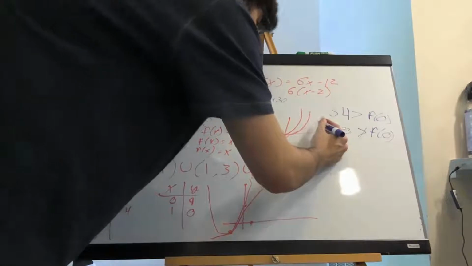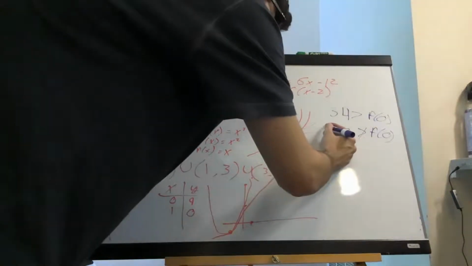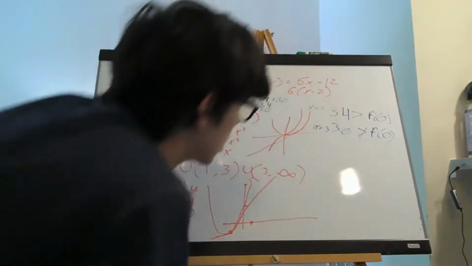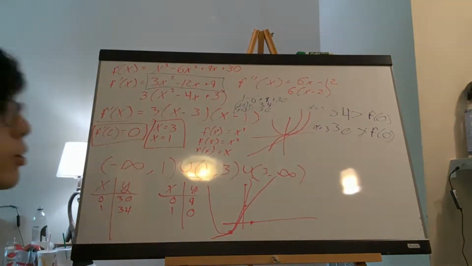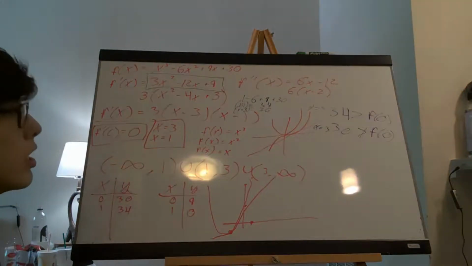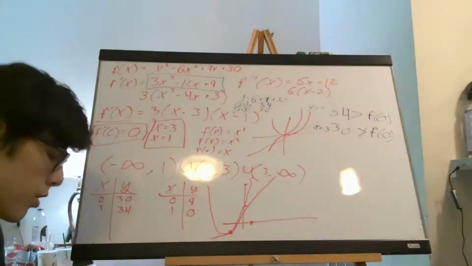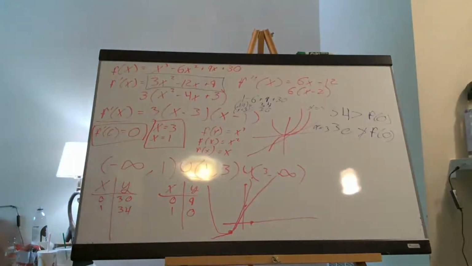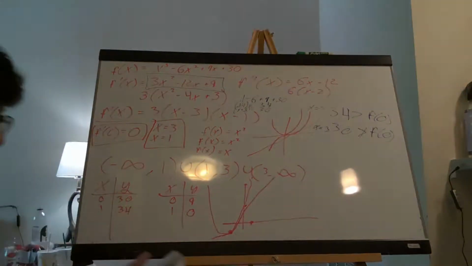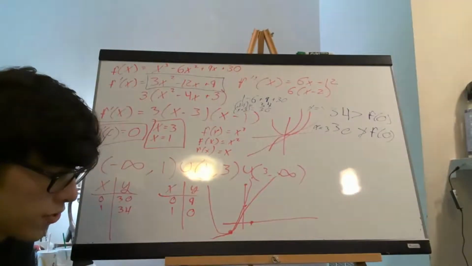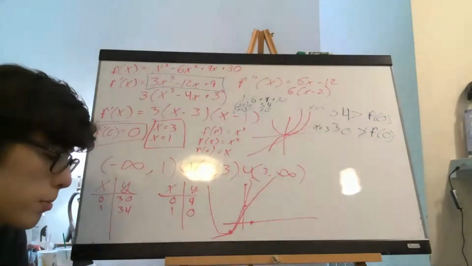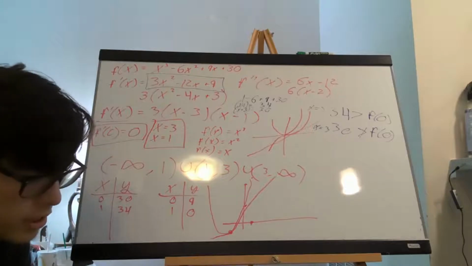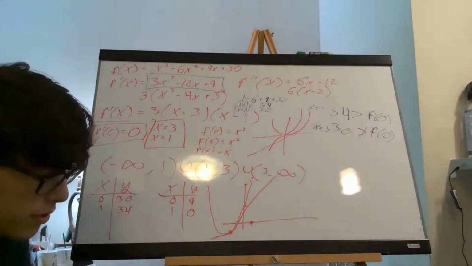And this right here is f of 1, or x equals 3 for 30, and x equals 1 for 34. So what that means is that the value at the critical number for the second derivative is greater than the value of f at 0 than the first derivative. That's essentially what this test is saying. It says, this is for the theorem for concavity. If f double prime of x, wait, wrong page. First derivative test is what I meant to say.